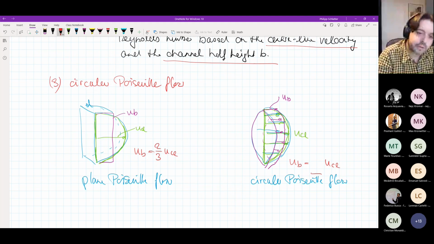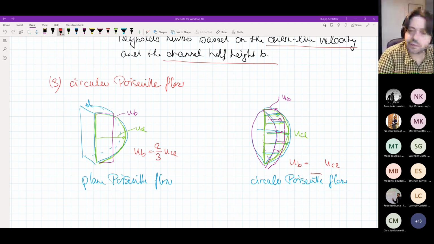So what is the relation between UCL and UB in circular Poiseuille flow? What do you think? Is it 1.5? Is it 2? Or is it 4/3, which is kind of 1.3?